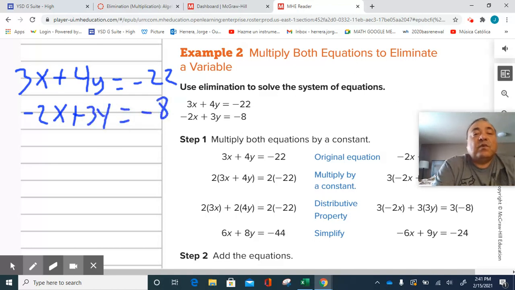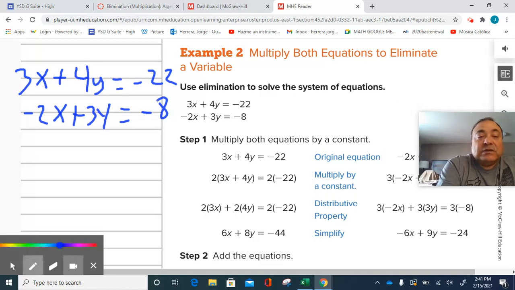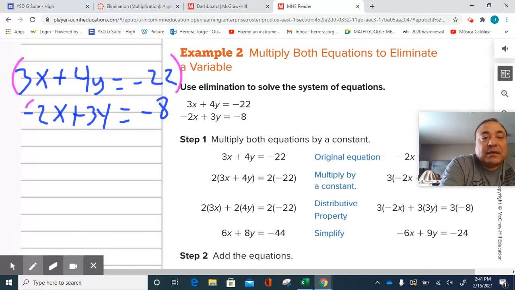So the key here is what do you want to cancel? The x's or the y's. And here it seems like it will be easier to cancel the x's if you can do that. So let me show you, okay? You're going to change only the numbers, only the coefficients, okay? Don't carry the x. So I'm going to switch everything here.